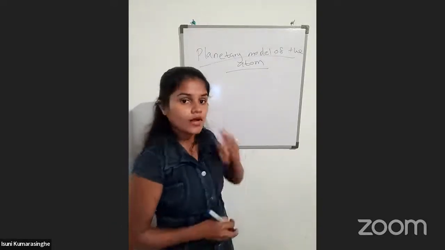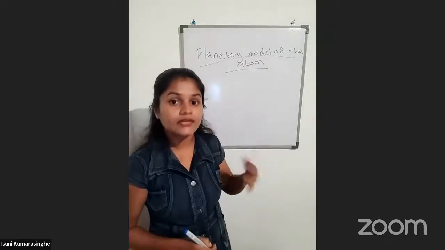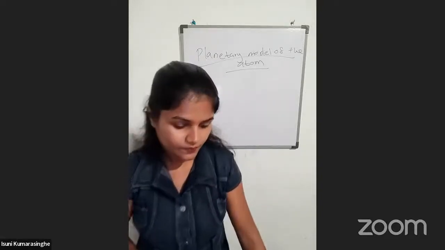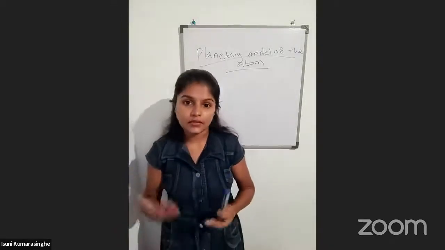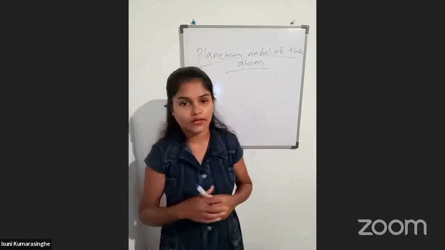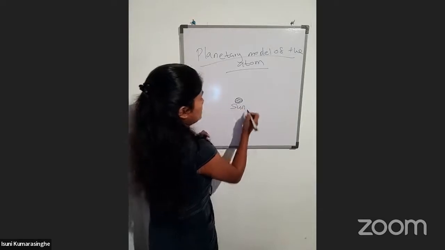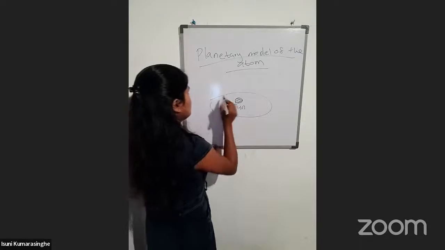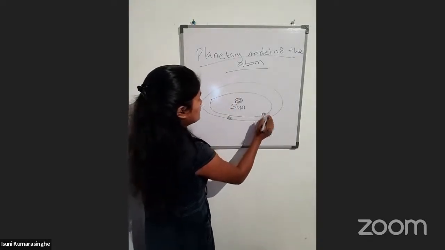Let's see why he introduced this model, the planetary model. Here, electrons move around the massive nucleus like planets orbiting around the sun. You know, this is the sun. Due to the gravitational force, the planets are forced to orbit around the sun.